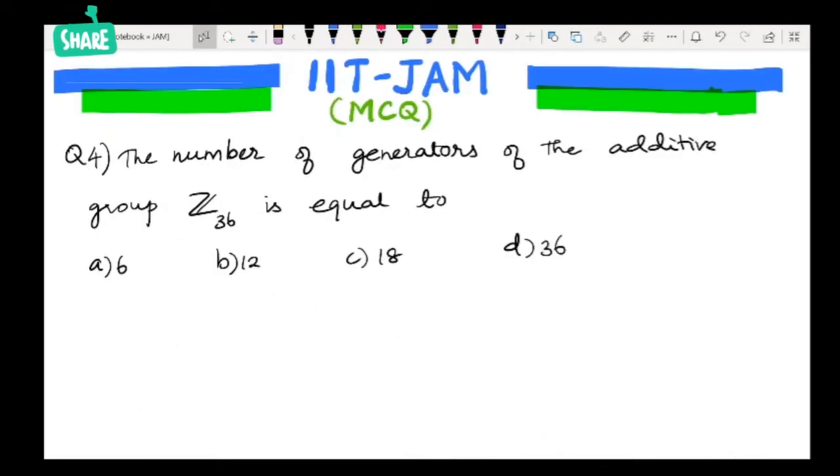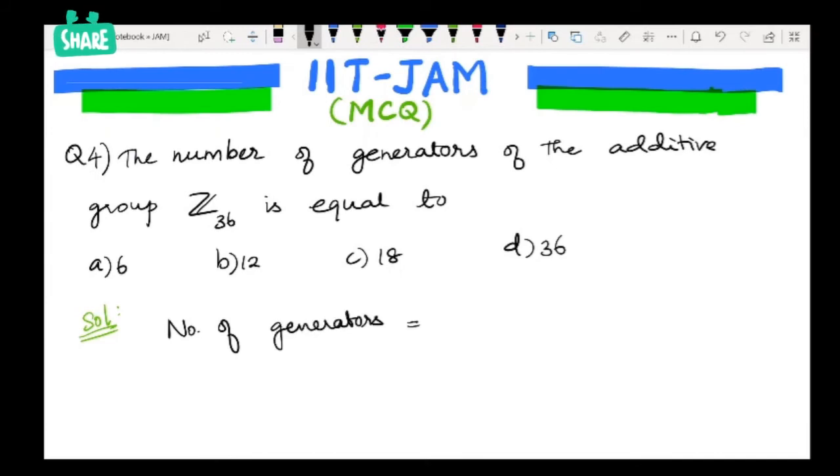Next question, we need to find the number of generators of the additive group Z36, and 4 options are given. Let's start with Z36 actually has 36 number of elements, right?